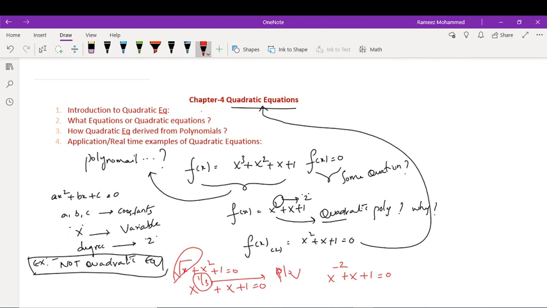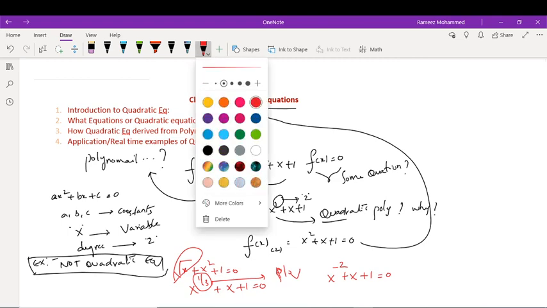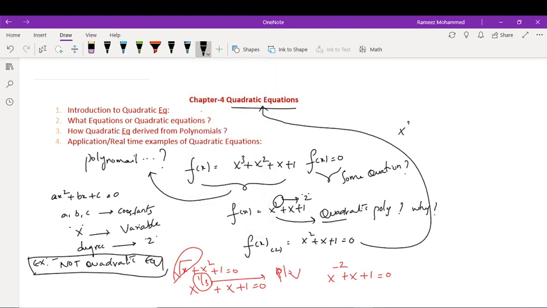So the basic rule should be this: ax squared plus bx plus c. Now, can x squared plus 1 equal to 0 be called a quadratic equation? Yes, it is. Why? I can rewrite this in the form of x squared plus 0 times x plus 1 equal to 0. Here a is equal to 1, b is equal to 0, and c is equal to 1.